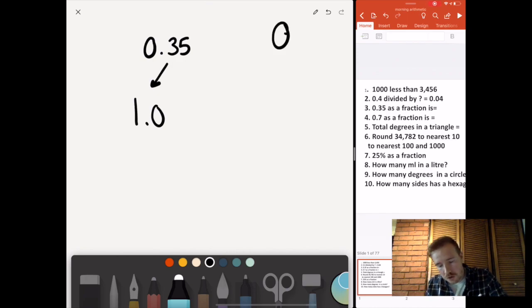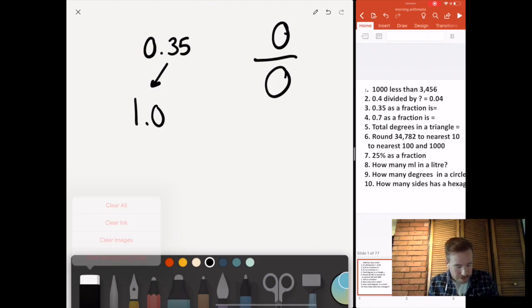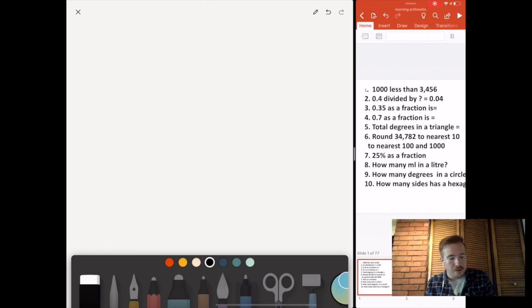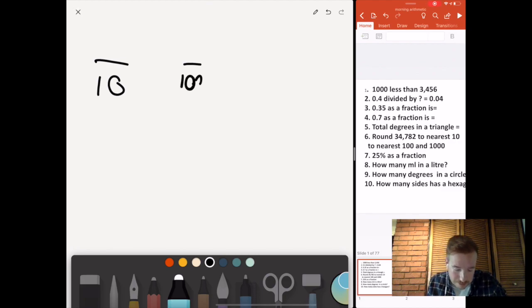So you've got your numerator and then you've got your denominator. What you need to do is choose a denominator that you think represents the whole, and then 0.35 can go at the top. That's an easy way to do these. Normally you're going to put it over 10, over 100 or over 1,000.